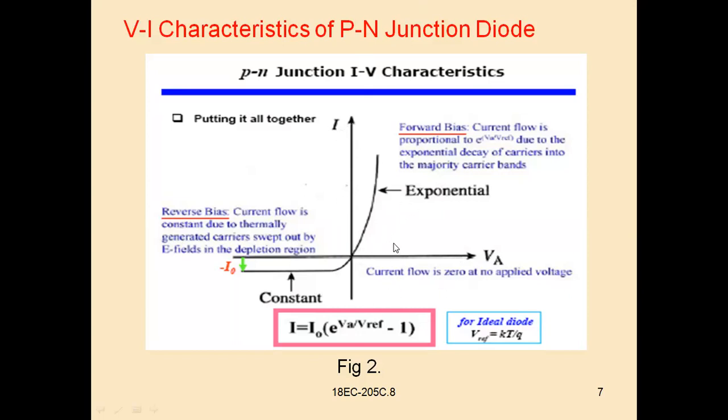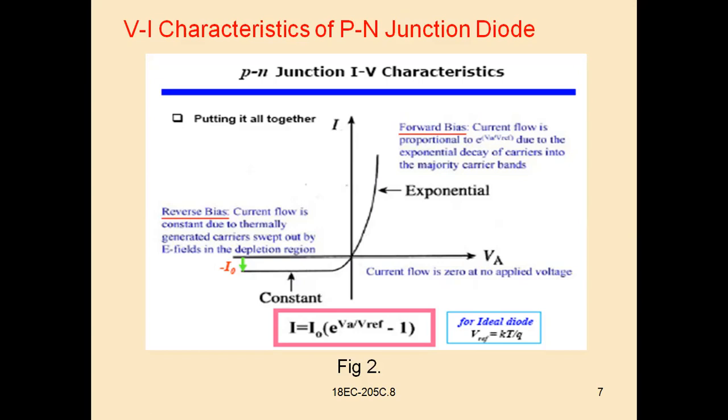Among all the coordinates, we have 4 quadrants: first, second, third, and fourth. The first quadrant represents the forward characteristic. And in the third quadrant, it represents the reverse bias graph.